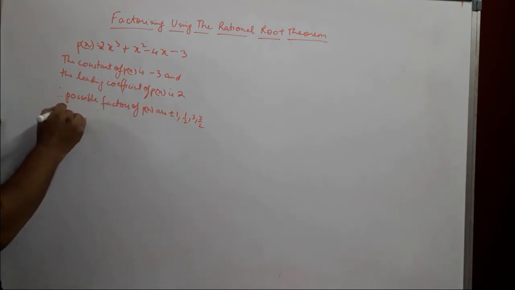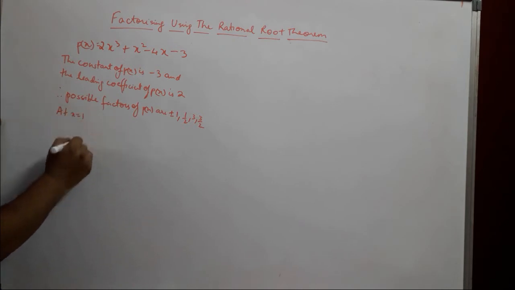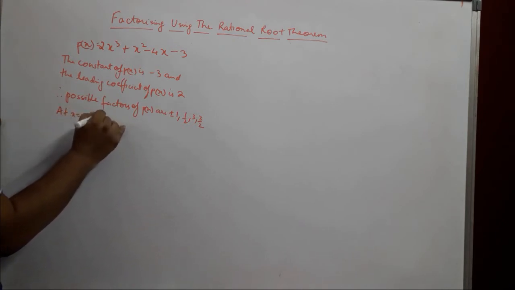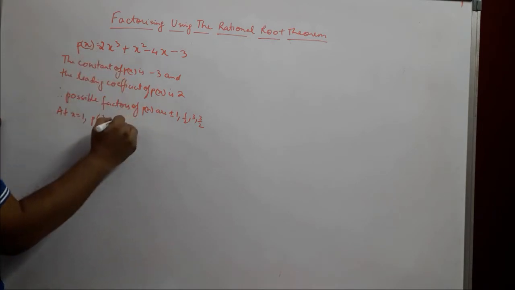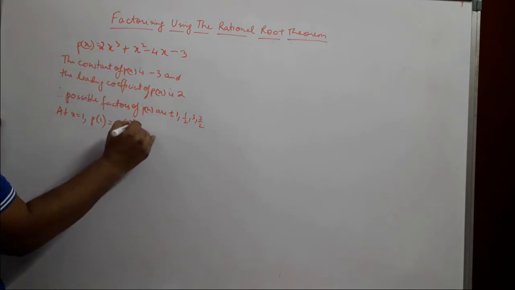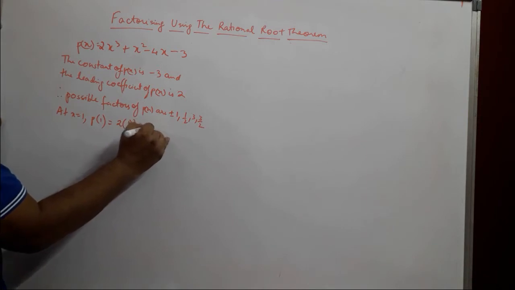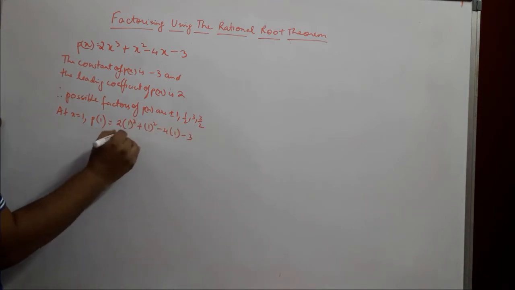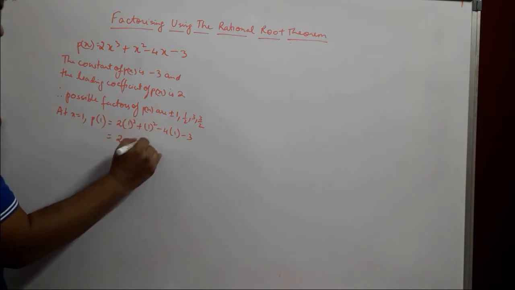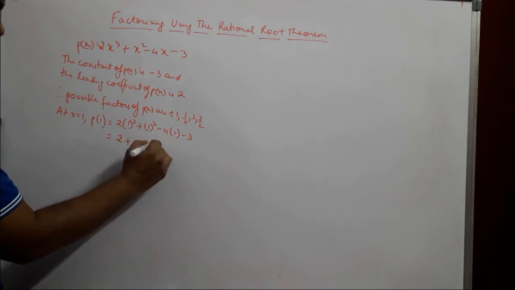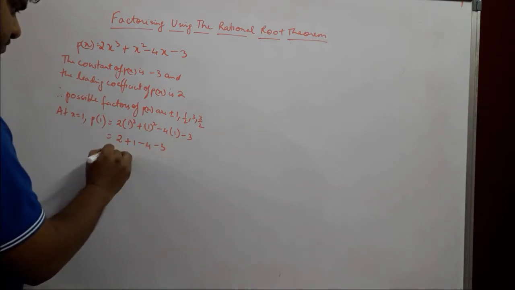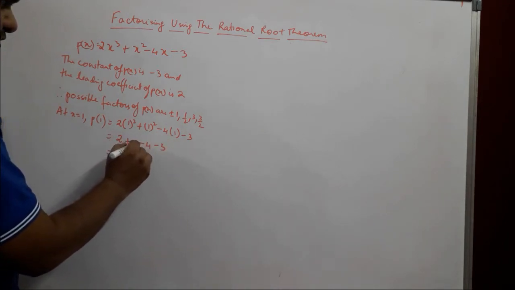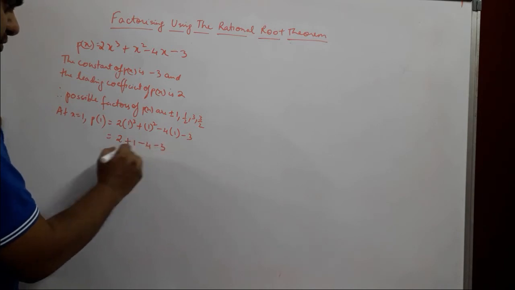P of x, we'll take at x equal to 1, positive 1. So we get p of 1. Let's see what it is. 2 into 1 whole cube plus 1 whole square minus 4 into 1 minus 3. 2 into 1 whole cube gives us 2, plus 1 minus 4 minus 3. 2 plus 1 is 3, 3 minus 3 is 0, and we are left with minus 4.